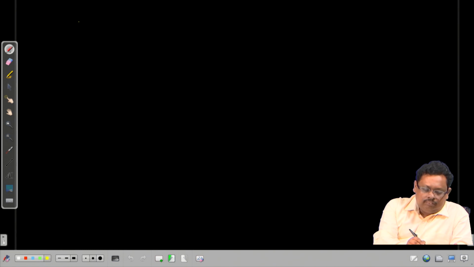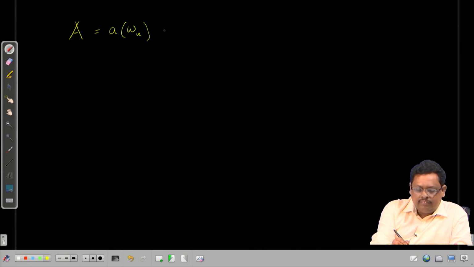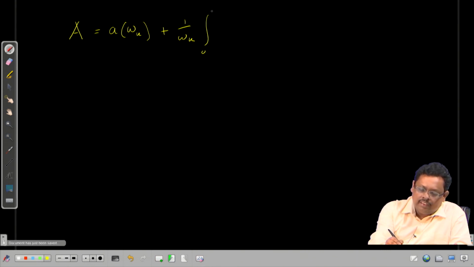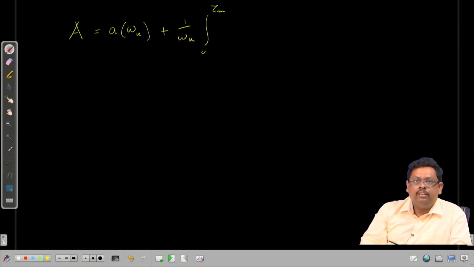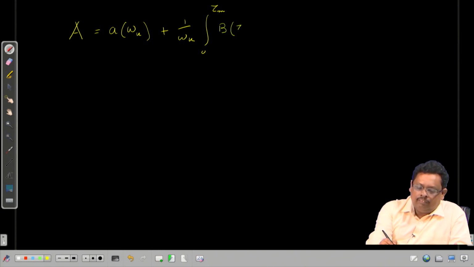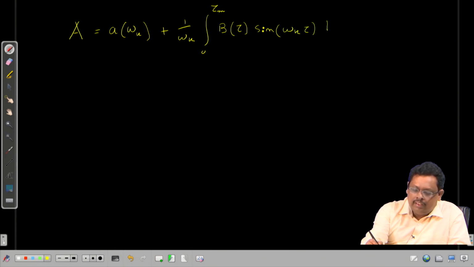So, the idea is that for a particular omega k I am doing this integration, and definitely it is not up to infinity now; I understand it should be up to some finite tau m, of b(tau) into sine of omega k tau into d tau.